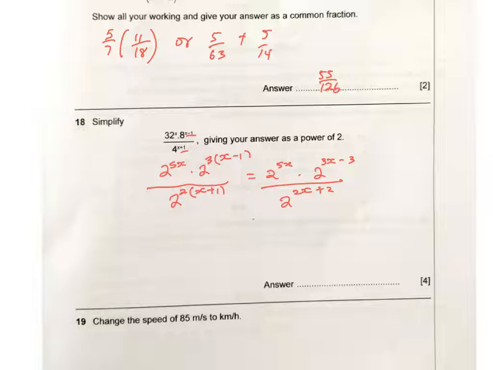So this one gives me 2 to the power 5x plus 3x minus 3, over 2 to the power 2x plus 2. If you simplify, you have 2 to the power 8x minus 3, and down you have 2 to the power 2x plus 2. Now we are dividing.